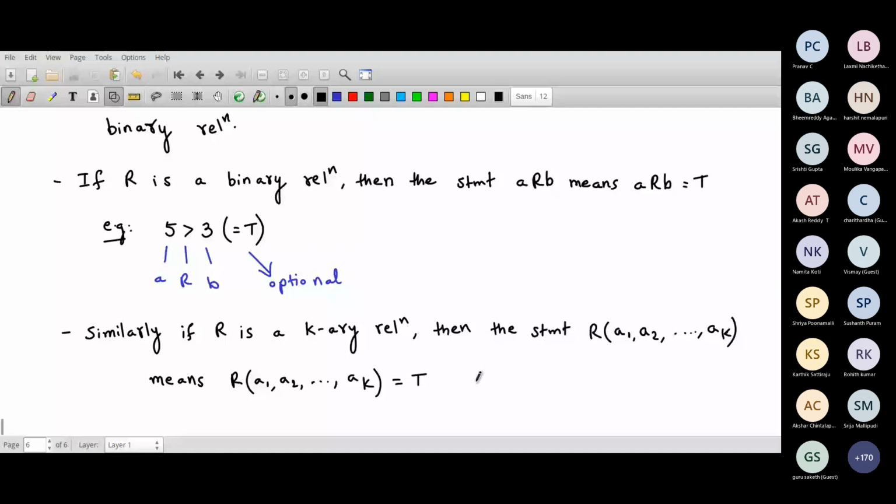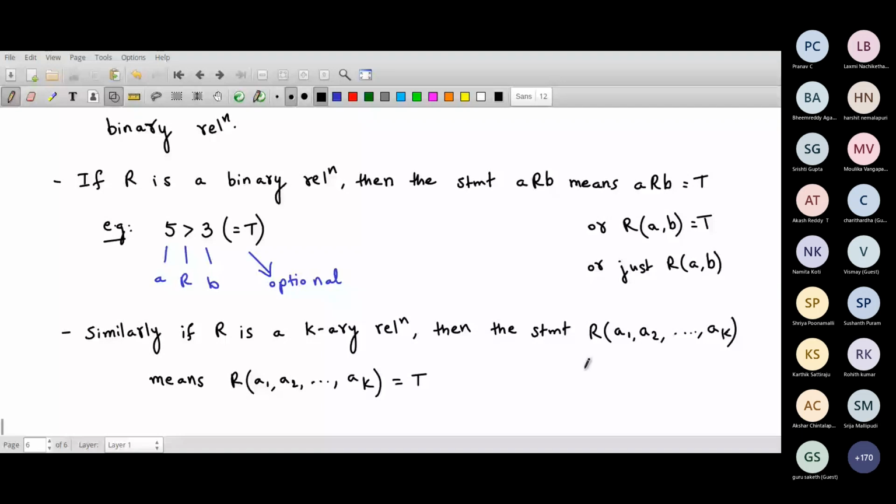All right. So here also we can say A R B means A R B equal to true, or R of A comma B equal to true, or just R of A comma B. We can write like this as well. Okay.